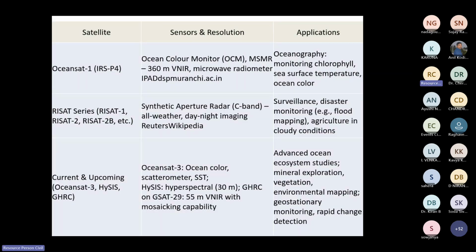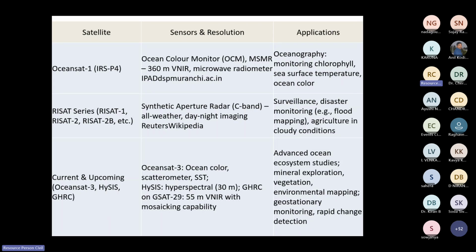So mainly we have to analyze multispectral data and microwave remote sensing data side by side. If you analyze, then you can find where it went missing, and there are possibilities we can identify it. So RISAT is actually synthetic aperture radar data, C-band data. It is based on the wavelength.